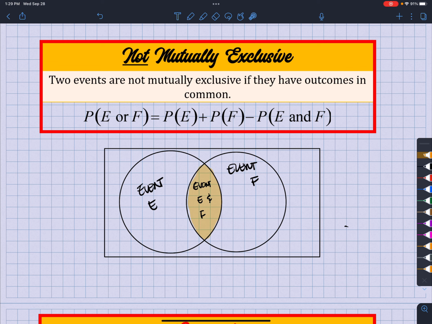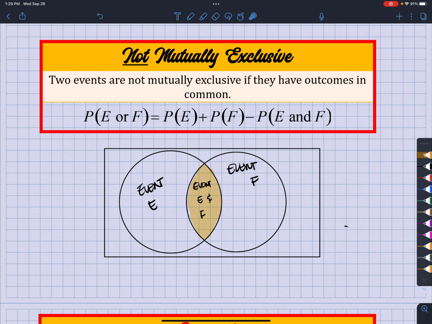So two events are not mutually exclusive if they have outcomes in common. In that case, we have to take the two probabilities, add them together, and then subtract away what is in common. Again, because this is an or, there's one or the other.